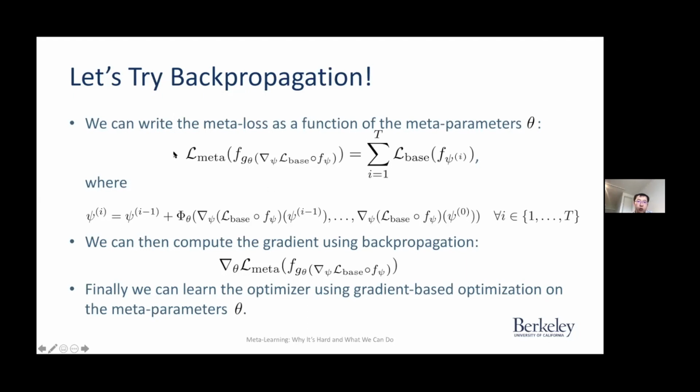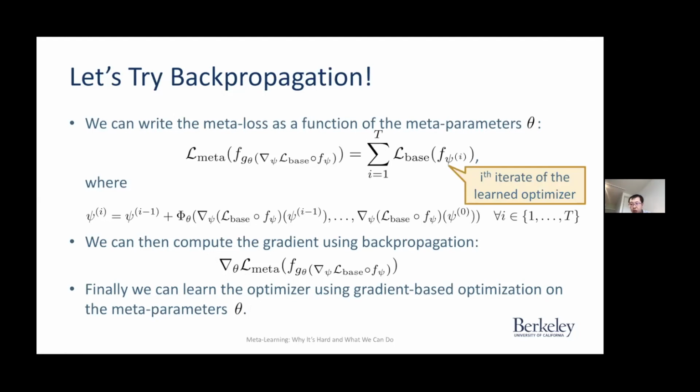So essentially we write down the meta loss, which is just the sum of all the different objective values at all time steps. And then we can expand all the different psi to be a function of the previous iterate and the update formula. And now we can just compute the gradient using backpropagation. And then we can learn the optimizer using gradient optimization on the meta parameters theta.